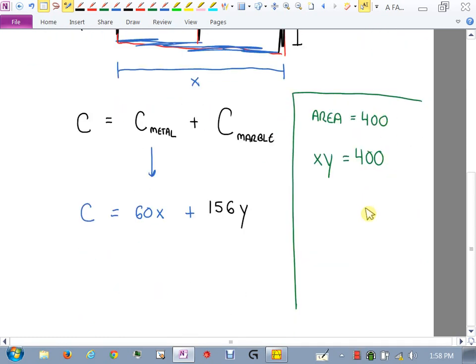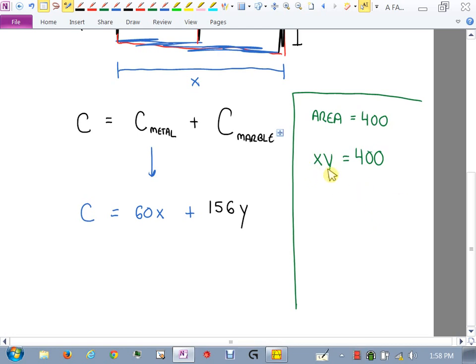So what is the value of knowing this? If you know this, then you can come back over here. See, you have x and y in this equation. You want all x's, or all y's. It doesn't matter. You just want one variable instead of two. But this over here gives you a relationship between x and y. So solve this equation right here for either x or y.